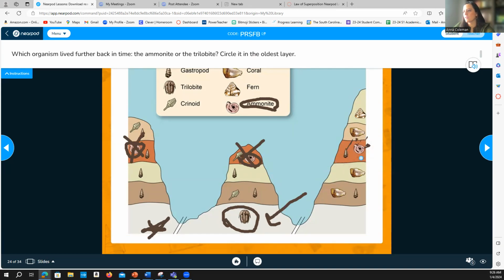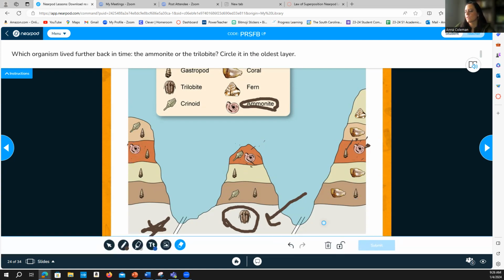But you are going to circle the one on the bottom. Okay? Hopefully that will help. And we know that this is the oldest one because if we're going by the strata or the layers, the oldest one is going to be on the bottom.